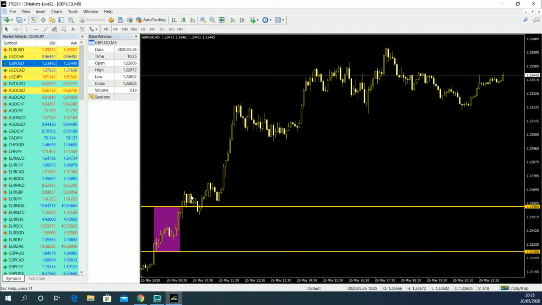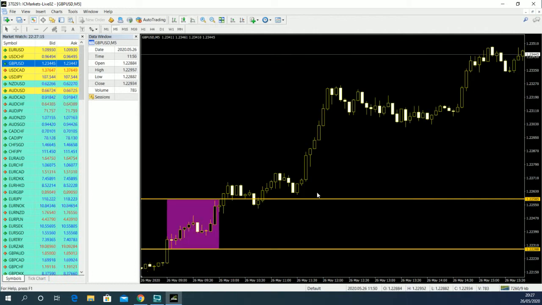We wait for our own proprietary way of finding the candle. Our proprietary way is to look for a candle which does not touch the line. So for this particular one, the GBP USD, let me expand it more.